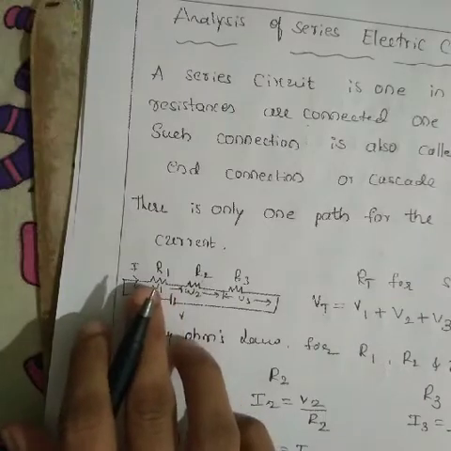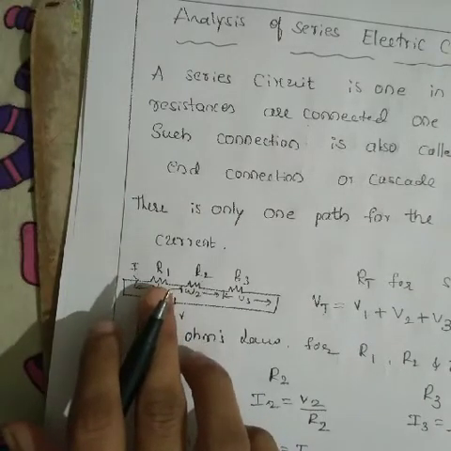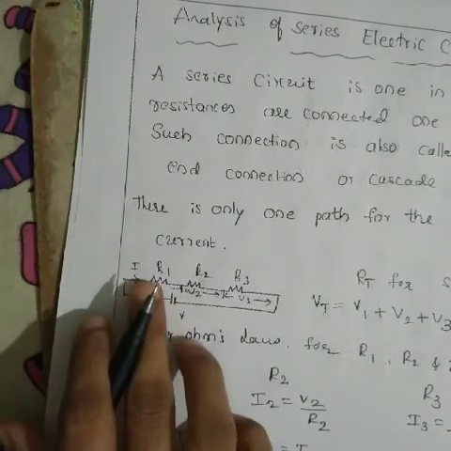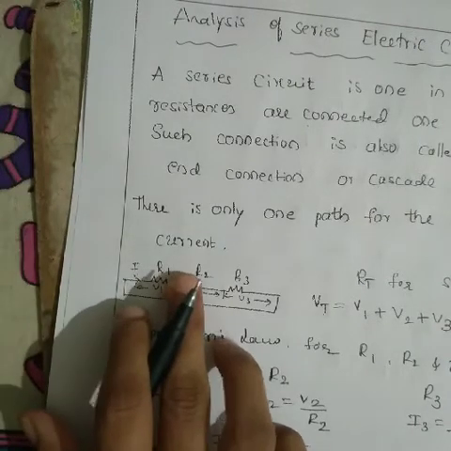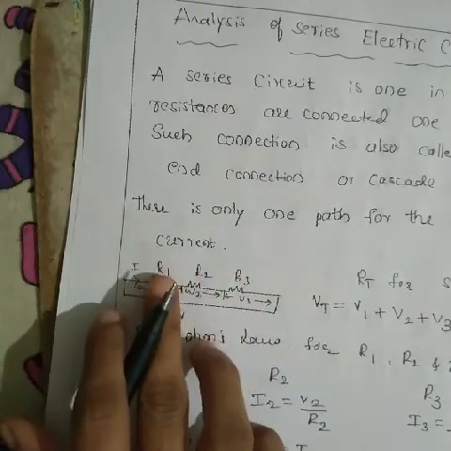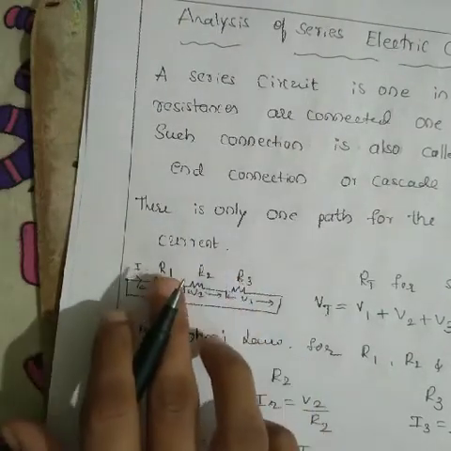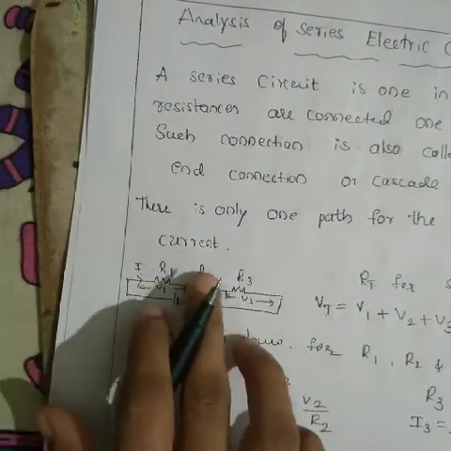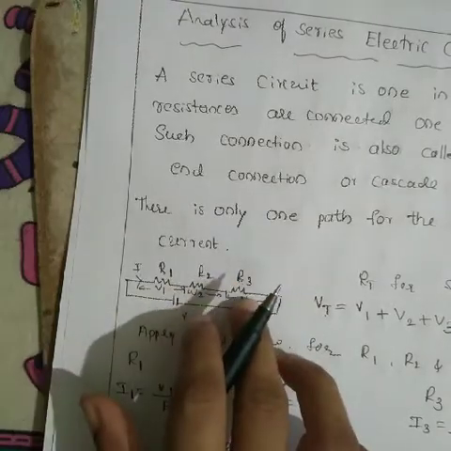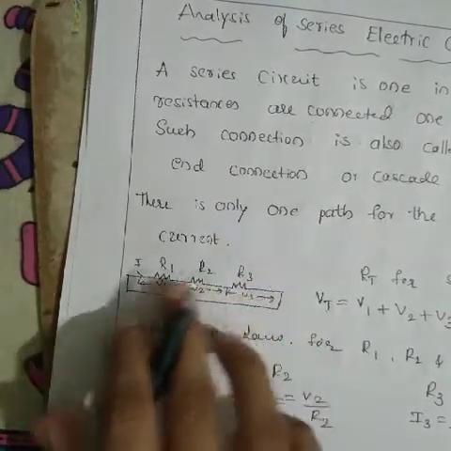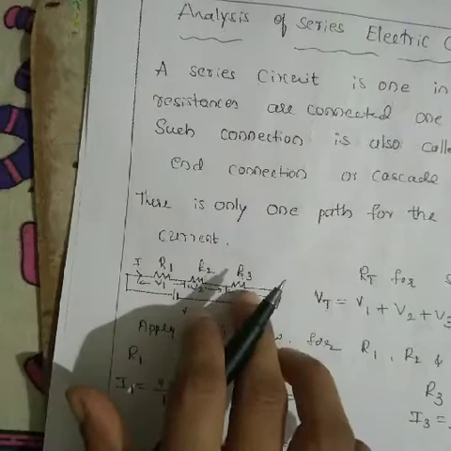Consider three resistances connected in series. Whenever the current I flows through the circuit, the same current flows in R1, R2, then R3. The voltage drop across R1 is V1, R2 is V2, then R3 is V3. You are finding the total resistance for series electric circuits.